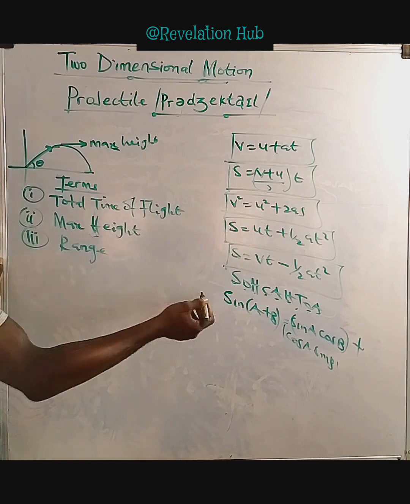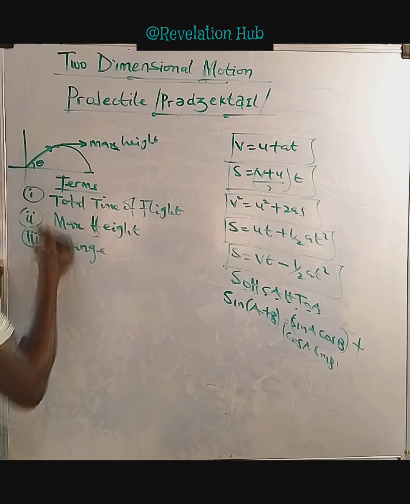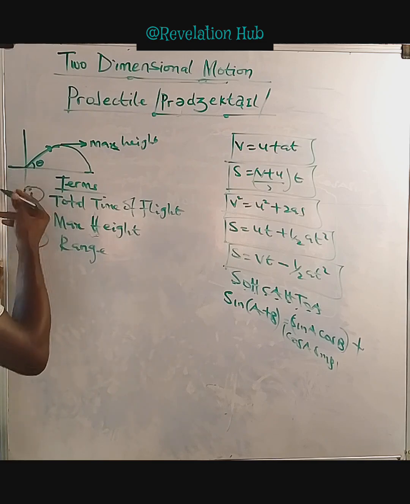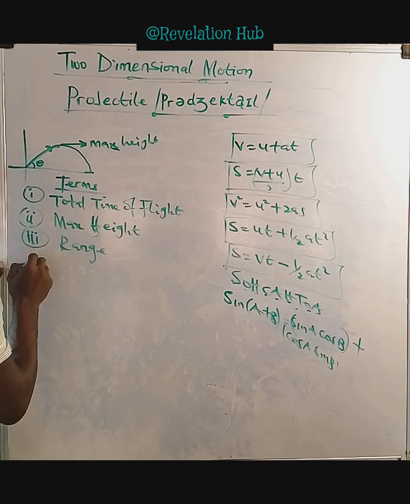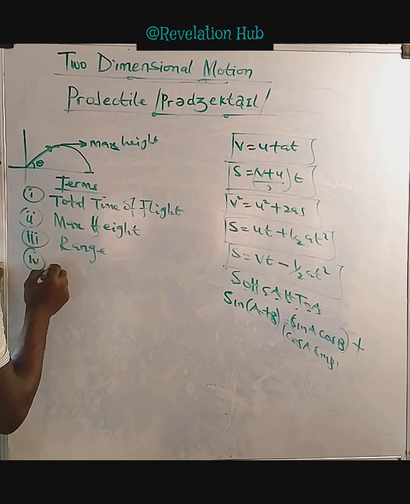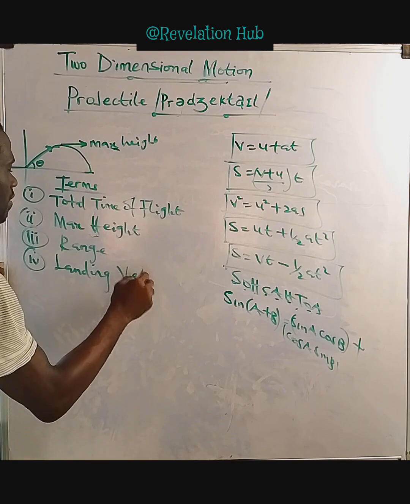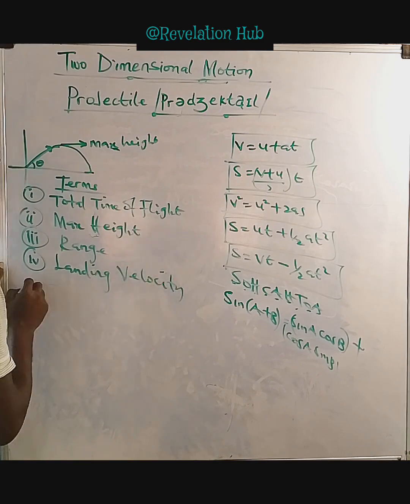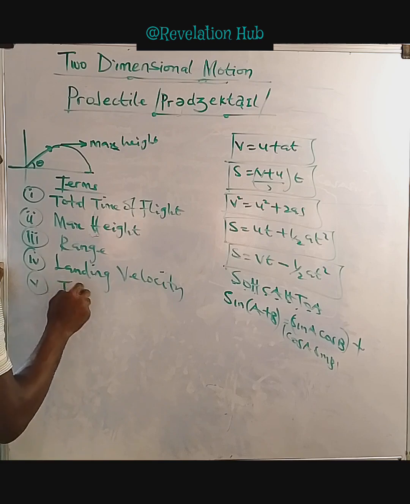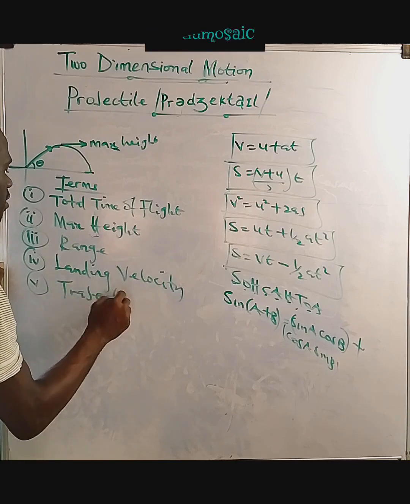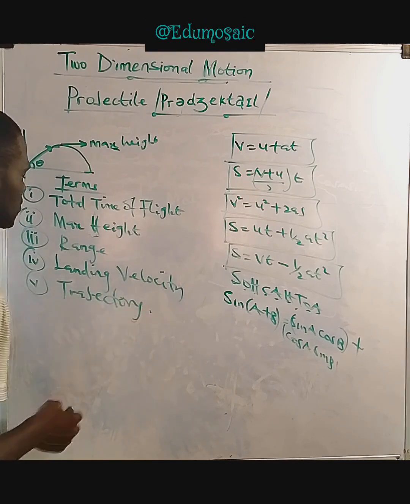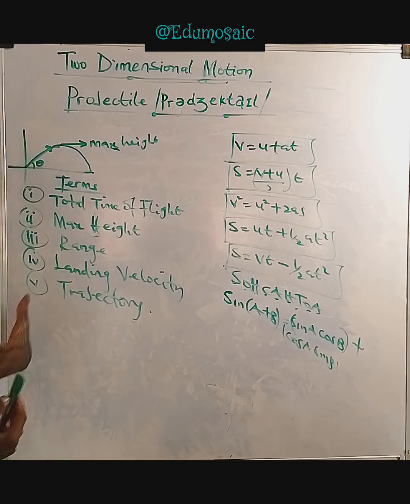The range is the horizontal distance between the point where a body was projected from to where the body hits the ground, or any other place. The next we have is the landing velocity. And the very last one we have is the trajectory, which is the parabolic path traveled by a given projectile.